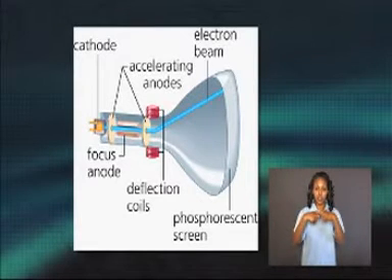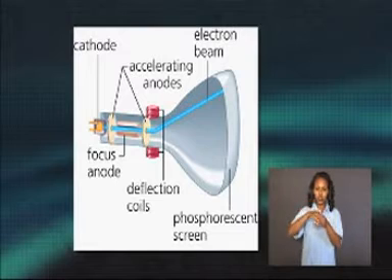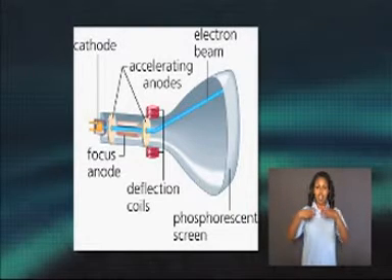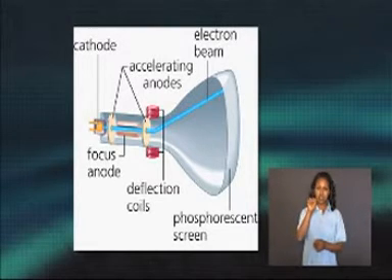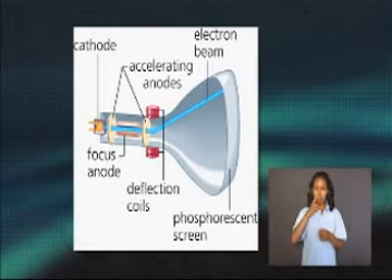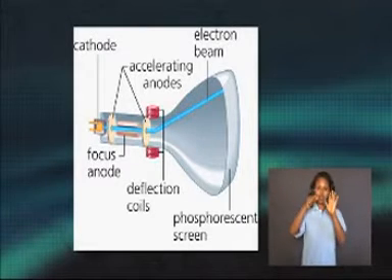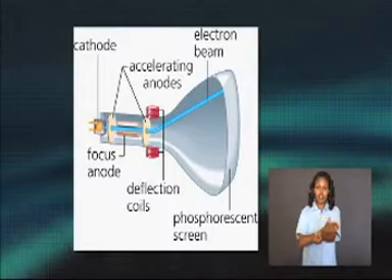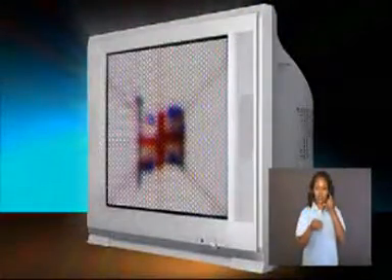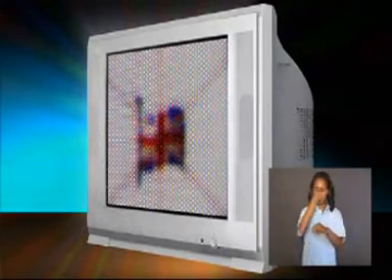Electrons are fired into the tube by an electron gun. The electrons are heated by the cathode and modified by the anodes and deflection coils to create images on the tube's screen. The result is that we can use cathode ray tubes to display images on screens, such as this one.